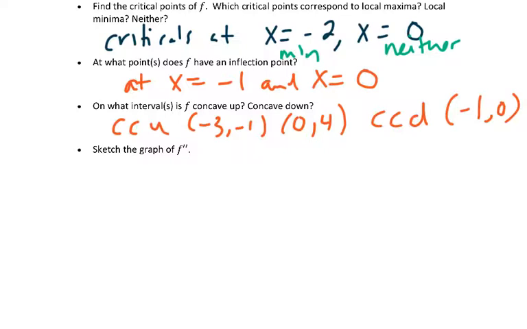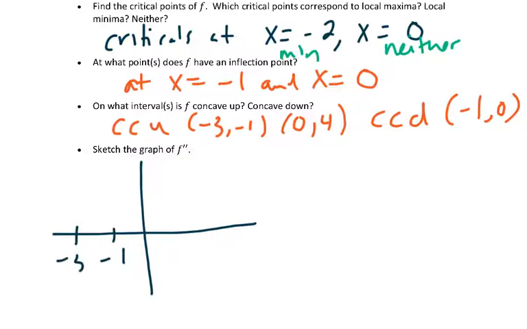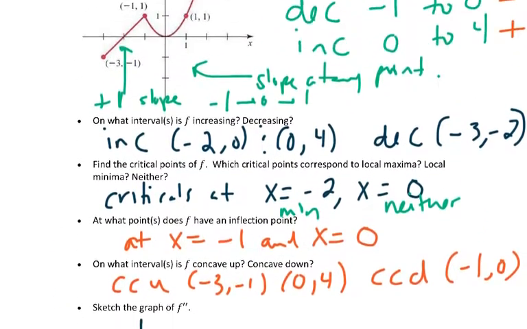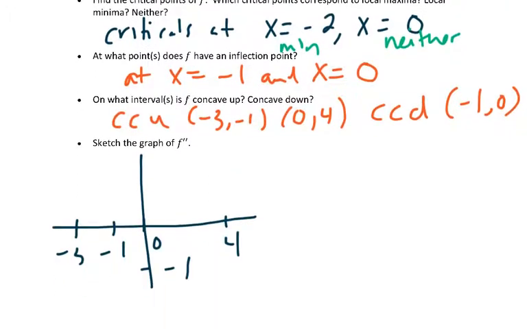Okay, so if I'm going to draw the graph of the second derivative, or the derivative of that picture up there, -3, -1, 0, 4. It looks like from -3 to -1, it looks like this. And then it jumps up, oh, sorry, should be +1 there.